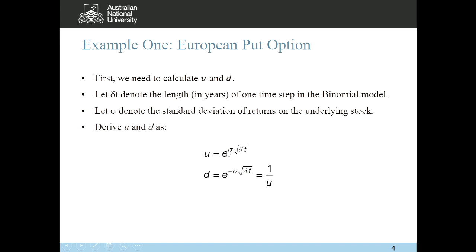So that's the share price volatility and also a function of the delta t. So that's the time horizon for each step in the tree. And then the little d, the proportional decrease, is simply 1 divided by the little u. So 1 over u will give you the proportional decrease. So we can actually calculate u and d.